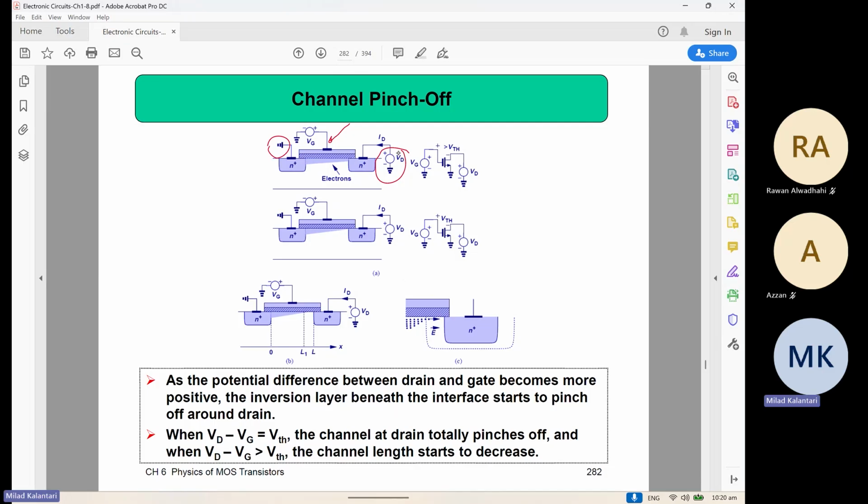Since VD is higher than the other side, the charge density at this region is higher and up to here is less. This profile of the charge density finally makes the final current characteristic of the device. So if you increase this VD too much, this charge density will be less, and finally there is some position where it makes a depletion region.